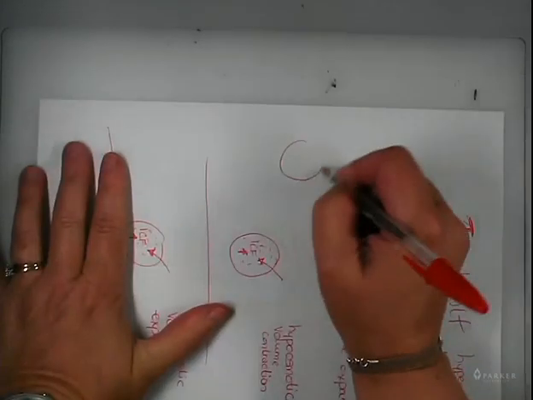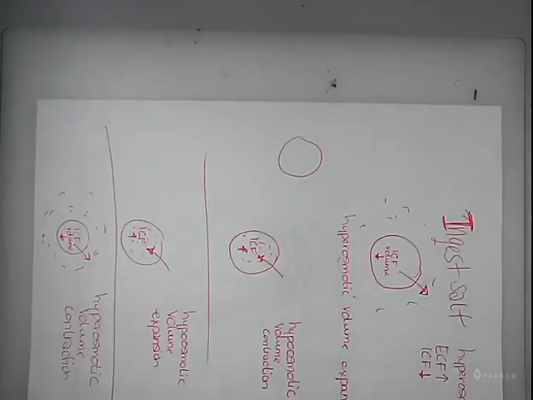So if I don't make ADH, what's the problem? I'm peeing a lot, all the time. So you're going to lose a lot more fluid than you do electrolytes, because ADH does not affect solutes, it only affects water.